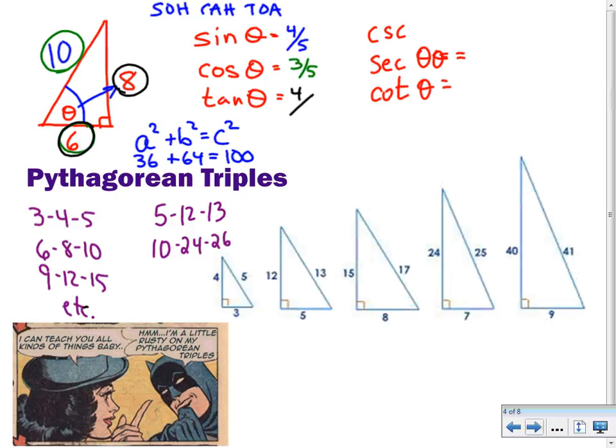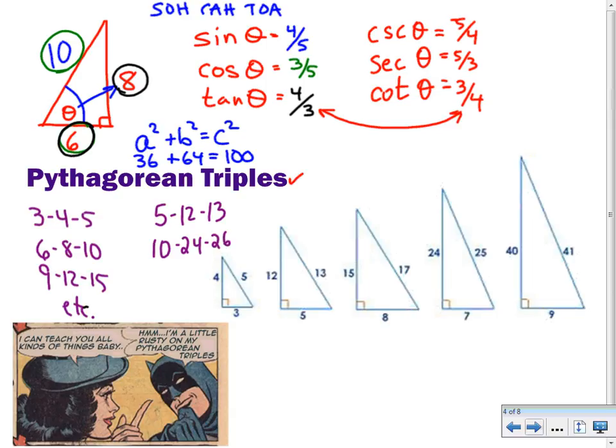And notice tangent's the only value allowed to be more than 1. Its reciprocals are 5/4, 5/3, and 3/4. I'm just taking the reciprocals of these values over here. So those values are reciprocals.